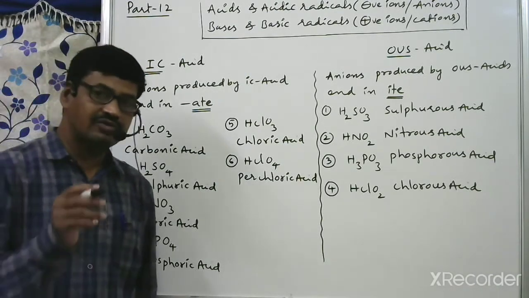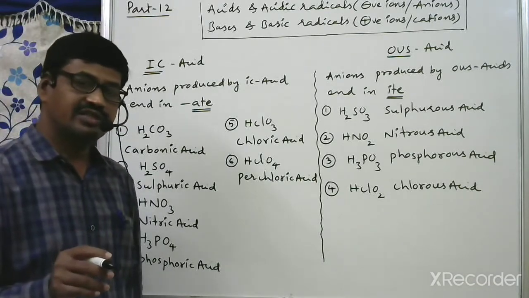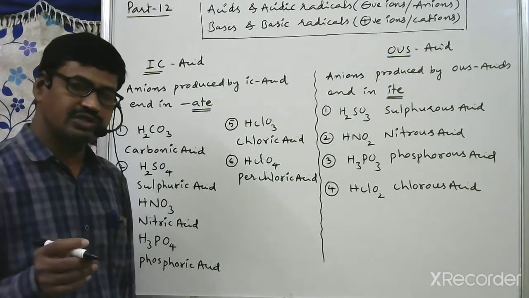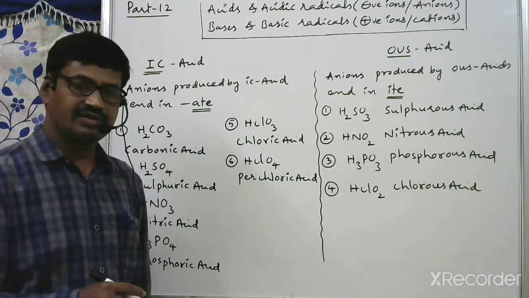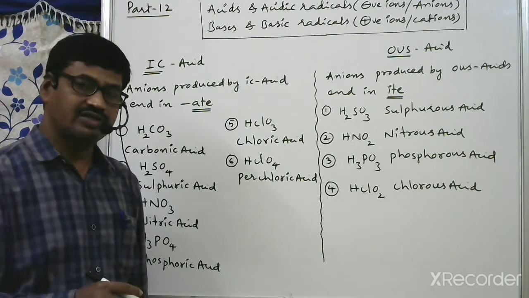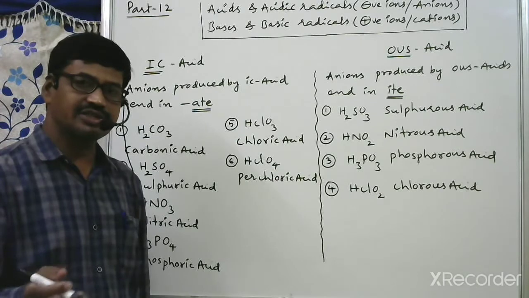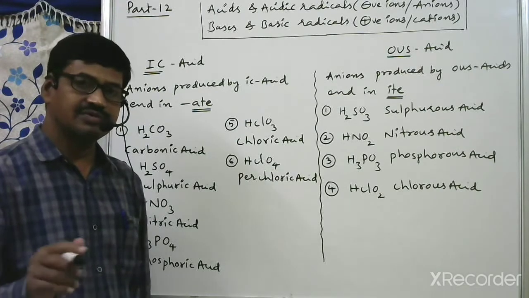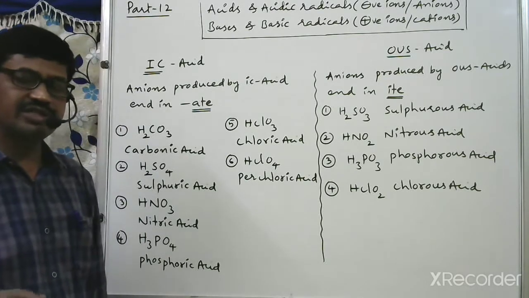Say for example, hard water. Hard water contains some salts. Due to those salts only, that hardness is caused. Hardness of water is caused by some salts like magnesium bicarbonate, calcium bicarbonate, calcium sulfate, magnesium sulfate, calcium chloride, magnesium chloride.